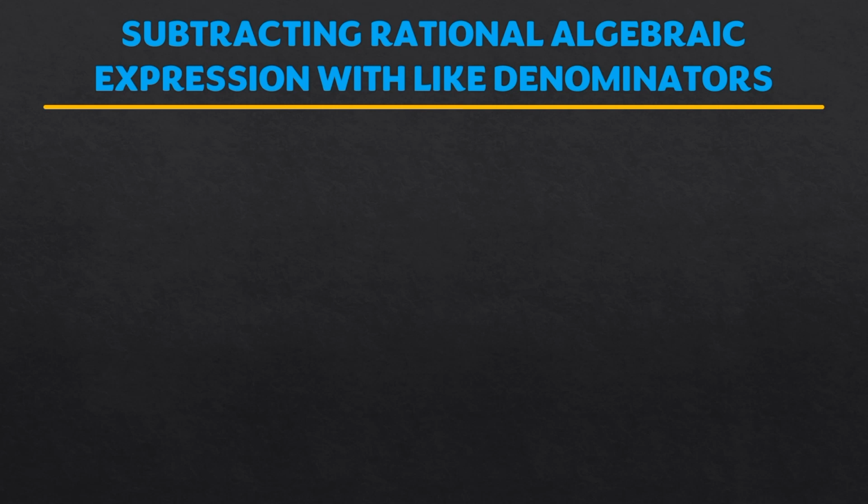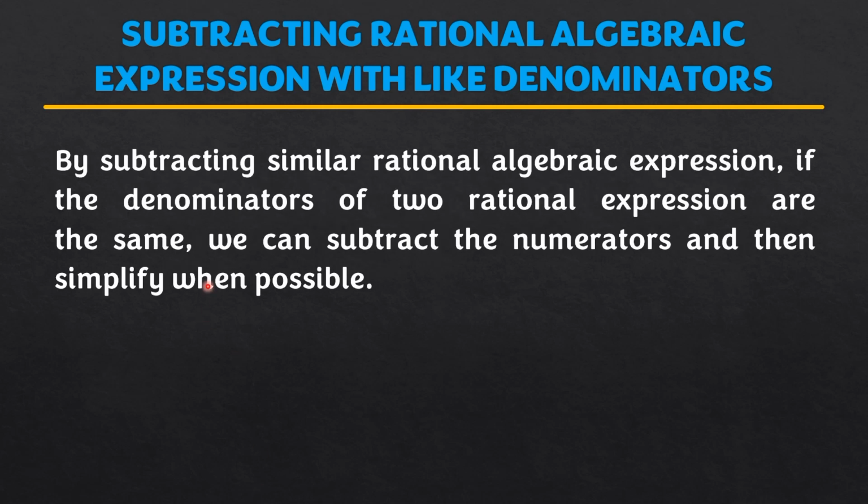When subtracting similar rational algebraic expressions, if the denominators of two rational expressions are the same, we can subtract the numerators and then simplify when possible. In symbols, a over b plus or minus c over d is equal to a plus or minus c over b, where b is not equal to 0.